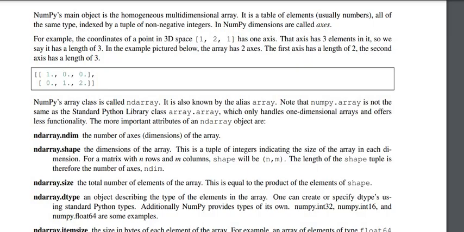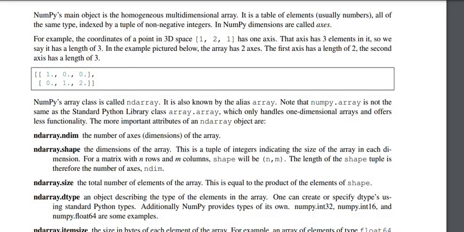The shape gives the dimensions of the array, a tuple of integers indicating the size of the array in each dimension. If we have a matrix with n rows and m columns, the shape will be n comma m. The length of the shape tuple is the number of axes, that is your ndim.